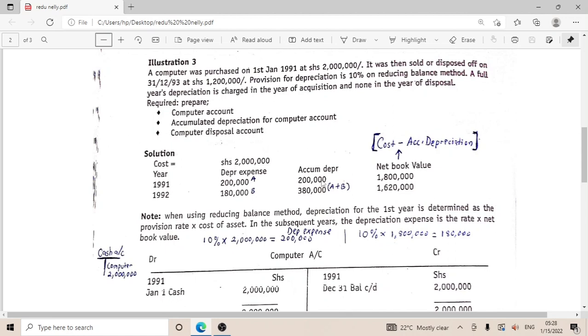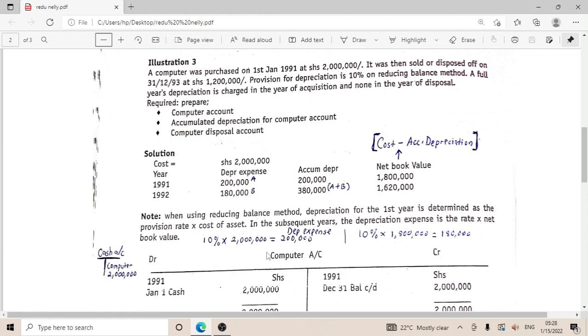Once that is done, to determine the net book value it is cost minus accumulated depreciation. So 2 million minus accumulated depreciation of 200,000 gives me 1.8 million. Having known that, I read this other note saying in the subsequent years the depreciation expense is the rate times the net book value.